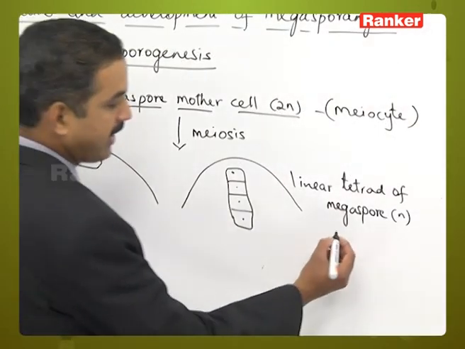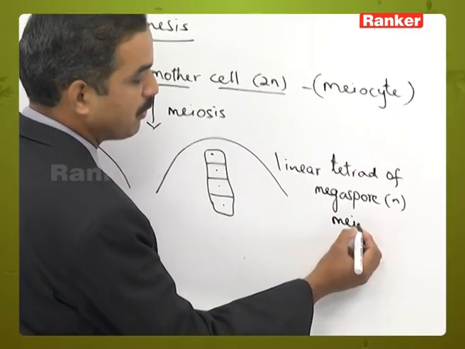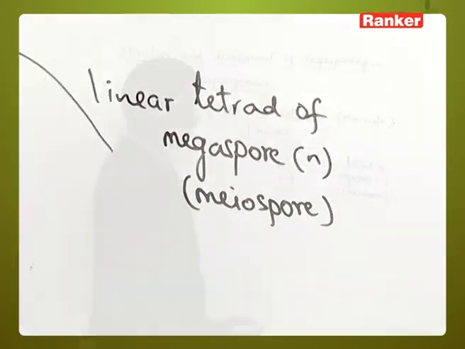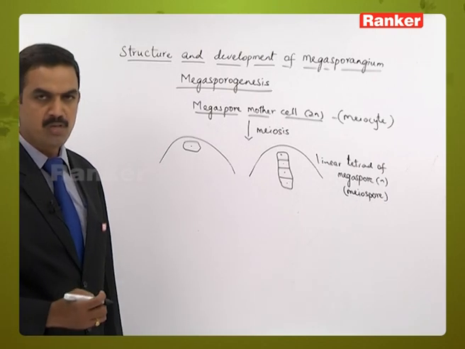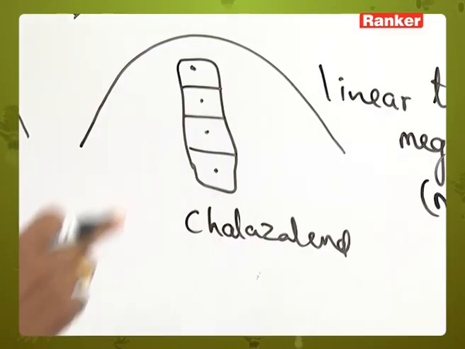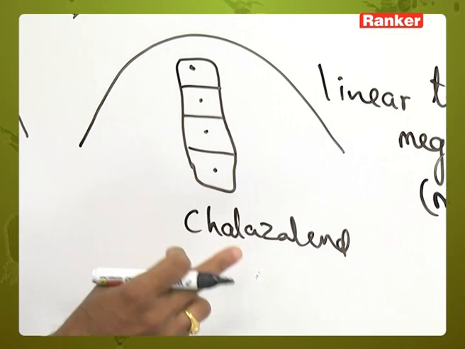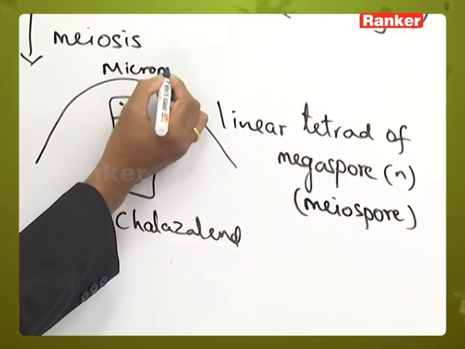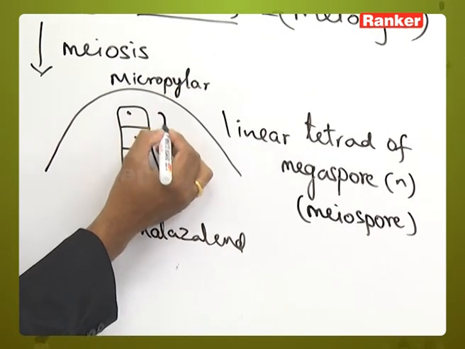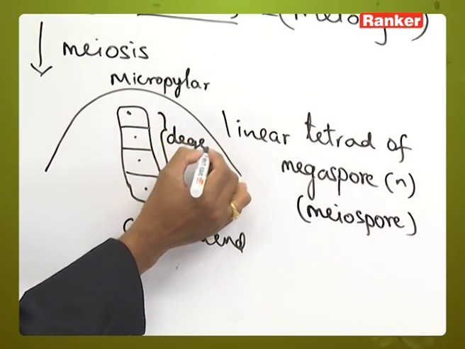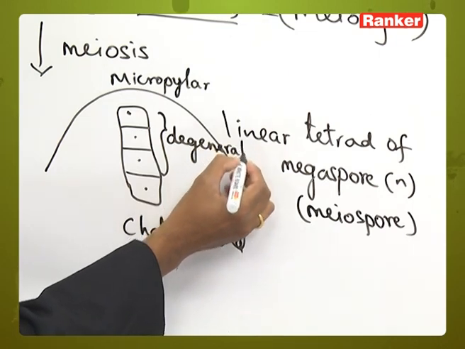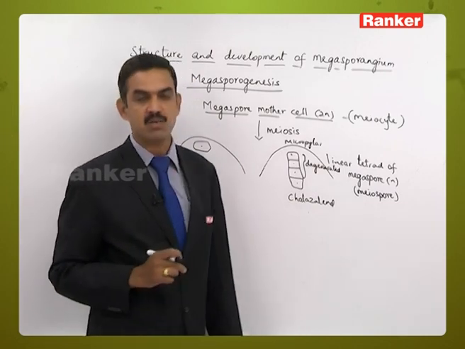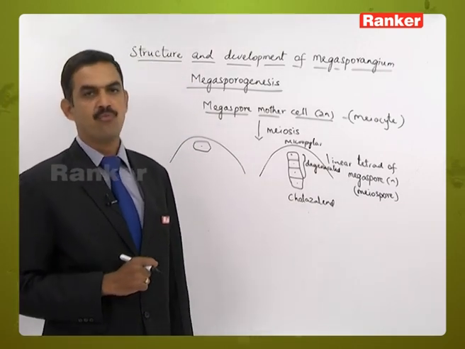Each and every megaspore is a meiospore, because any cell which is formed as a result of meiosis, we call a meiospore. Now, out of the 4 megaspore cells, the cells present towards the micropylar end, that is these 3 cells, will degenerate, whereas the lowermost cell, which is present towards the chalaza, will remain active and functional.